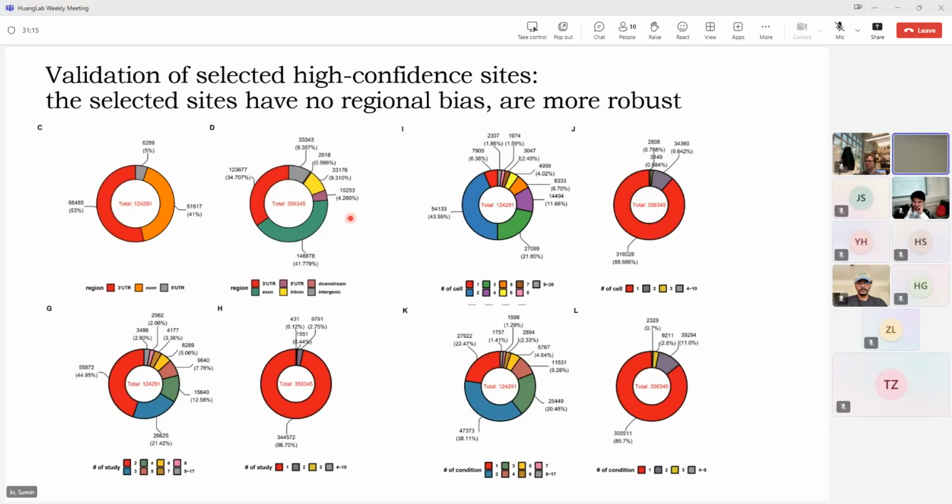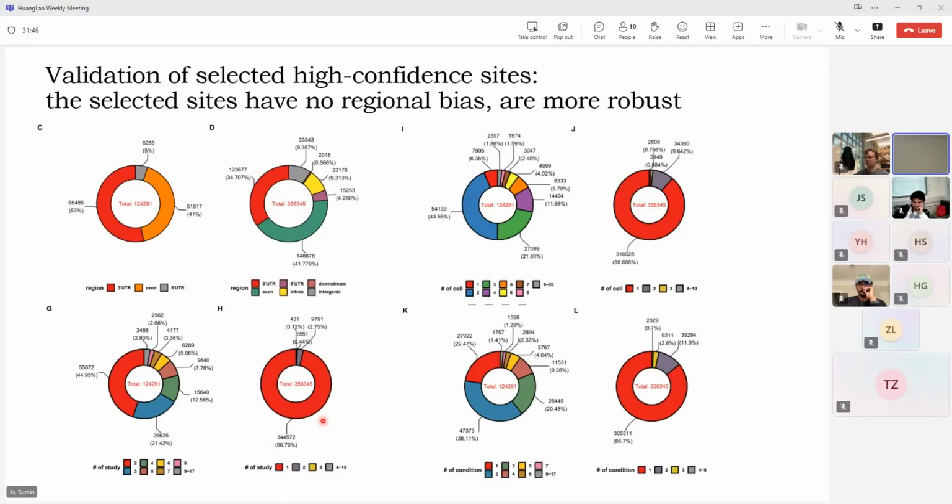So there was no regional bias between the selected versus excluded sites. Also, the majority of the selected sites were reported in more than 2 studies, or more than 3-4 studies, versus the excluded sites, of which 96% were reported in only 1 study. That means it hasn't been reported at all, even though they use the same sequencing technology.